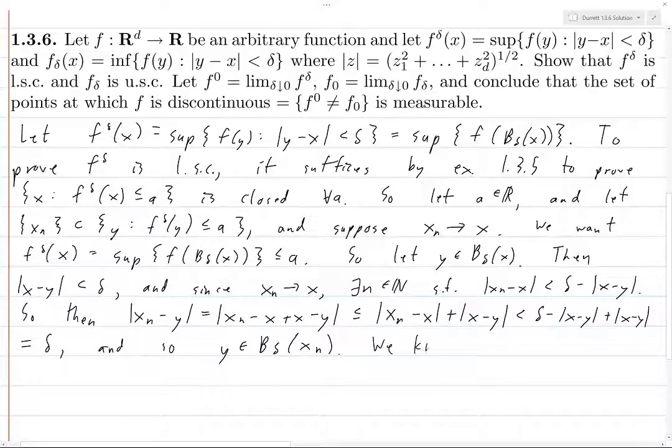Now we know the supremum over all points in the image of the ball of radius delta centered at xn is less than or equal to a. And why is that?